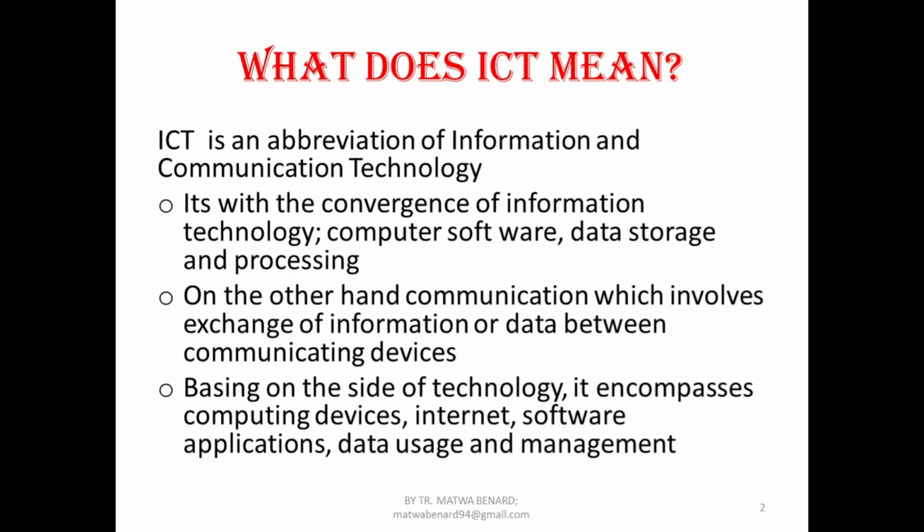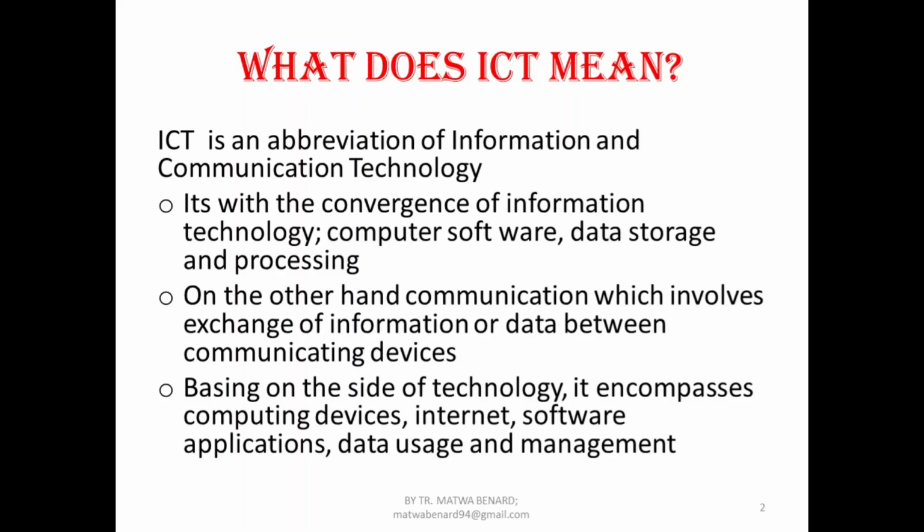So information involves information technology, computer software, data storage, and processing. In other words, information itself simply means the knowledge or facts about something which is meaningful to the user. And we have also T. Let me begin with the C. C simply means communication.